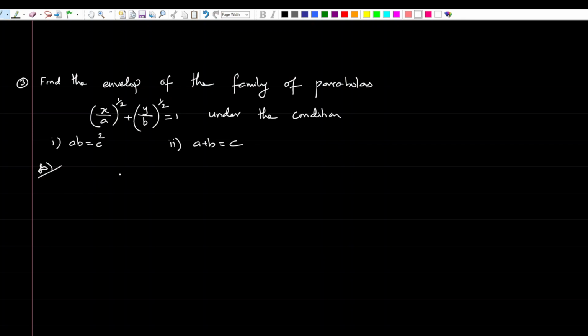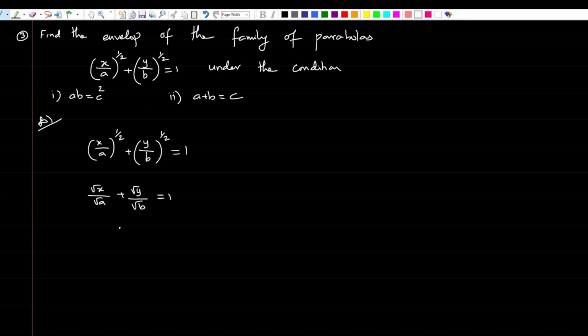So now, given the family of parabolas, what is the name? x by a whole power 1 by 2 plus y by b whole power 1 by 2 equal to 1. That is root x by root a plus root y by root b equal to 1.